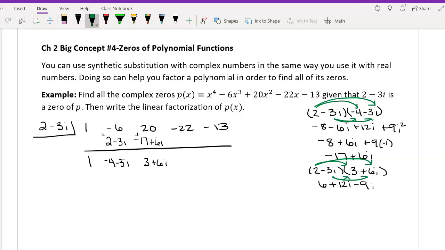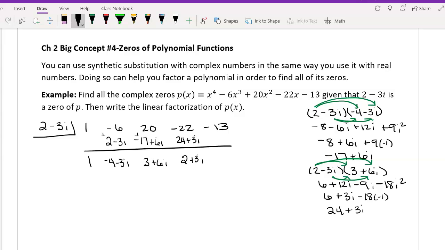Negative 3i times 6i, we get negative 18i squared. So now we have 6 plus 3i minus 18 times negative 1. So we get 24 plus 3i. So I'll put 24 plus 3i here. All right, so when we add this up and down, we get 2 plus 3i.